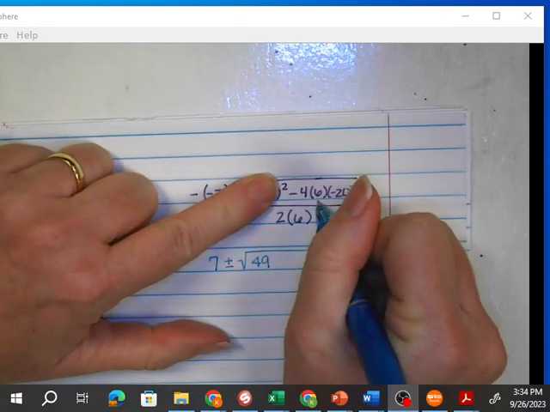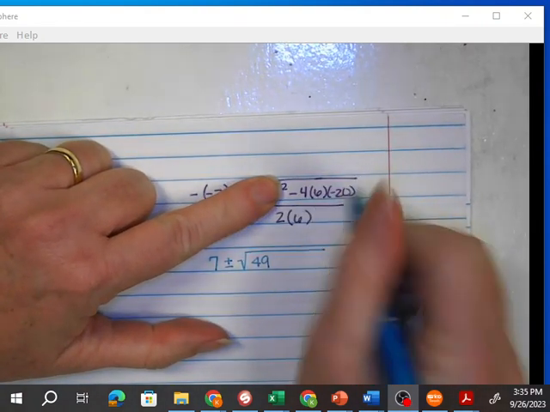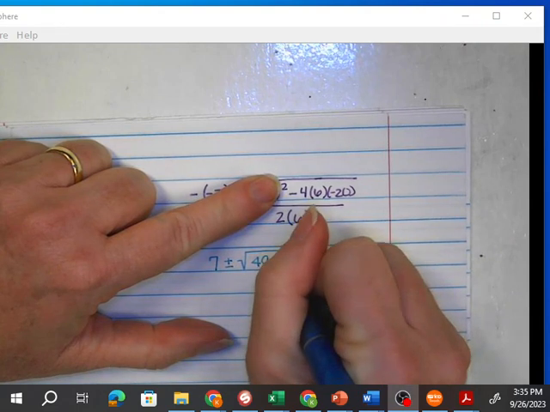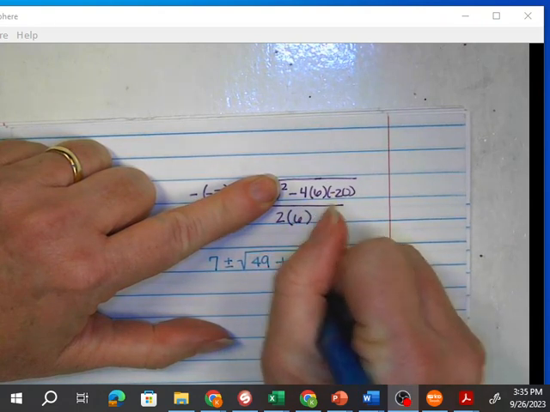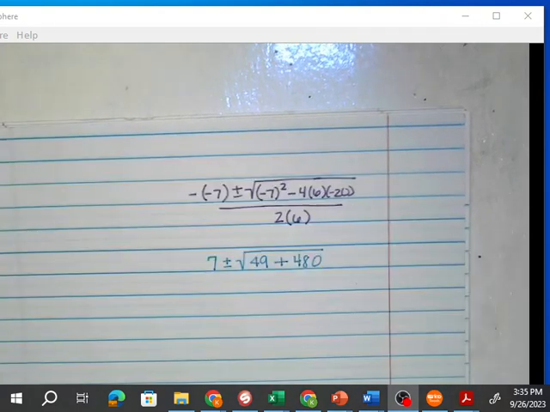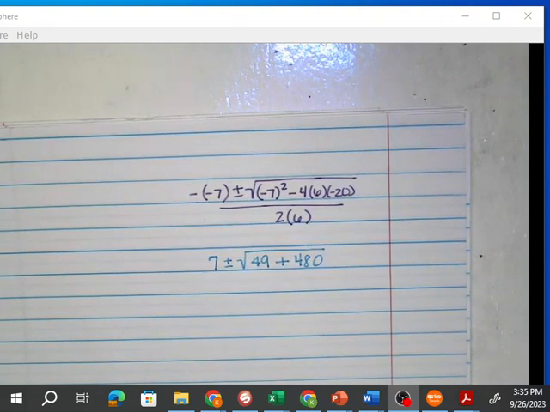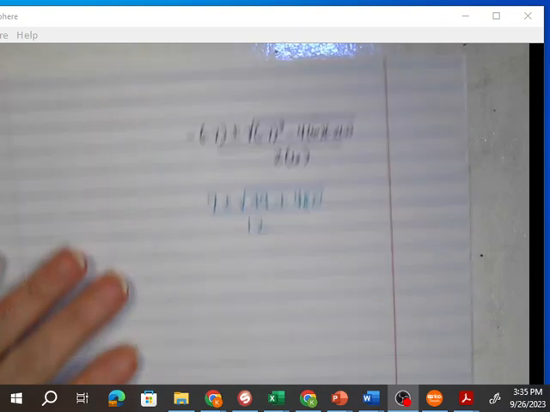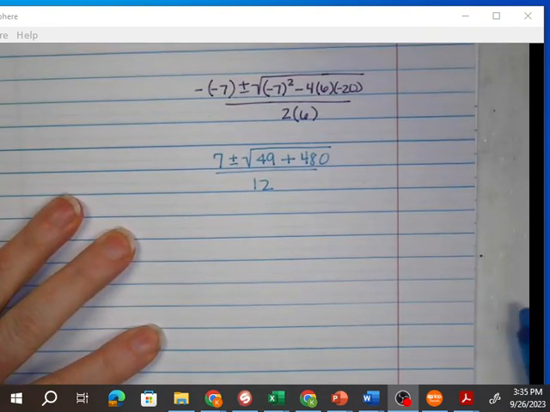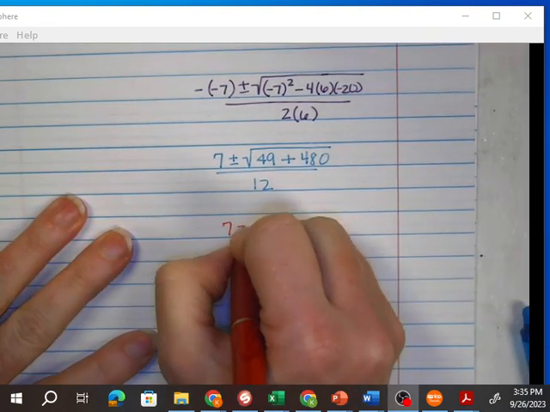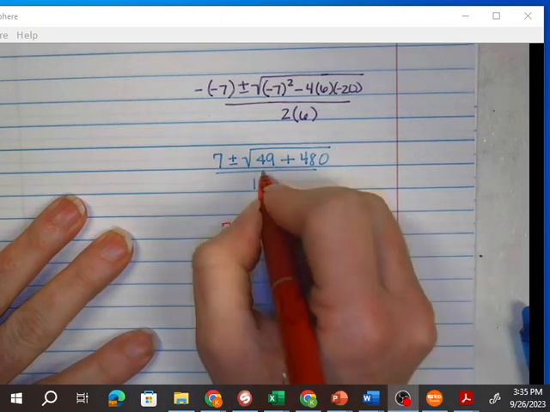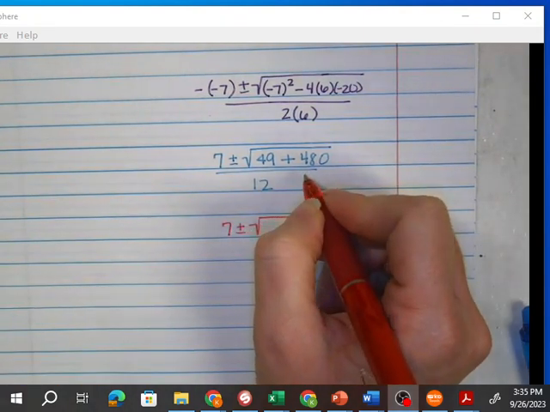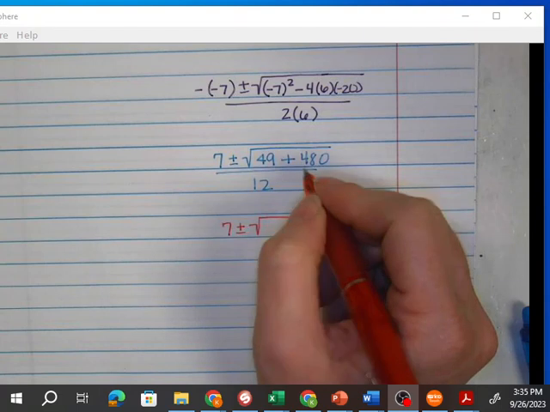Negative 4 times 6 times negative 20 is positive 480. All over 12. I'm just going to continue to simplify. 7 plus or minus the square root of 49 plus 480, which is 529.